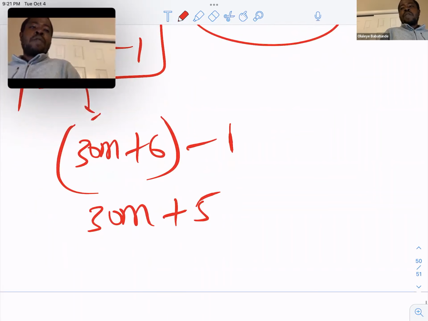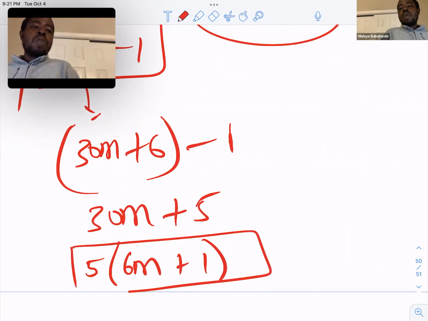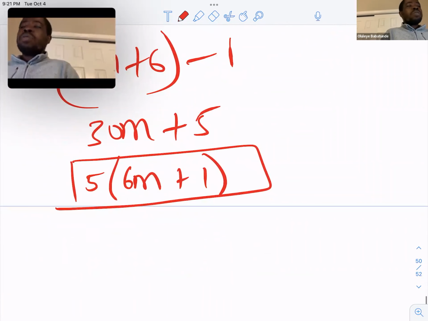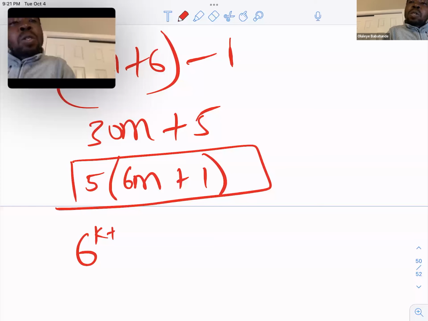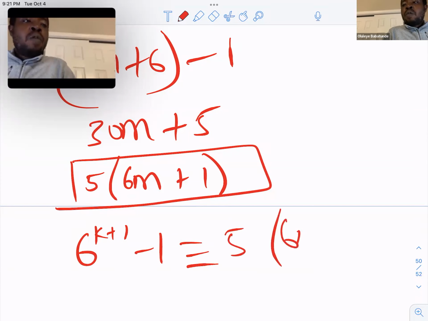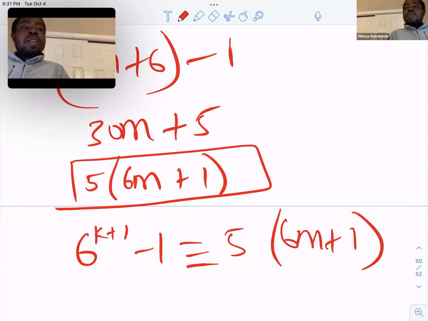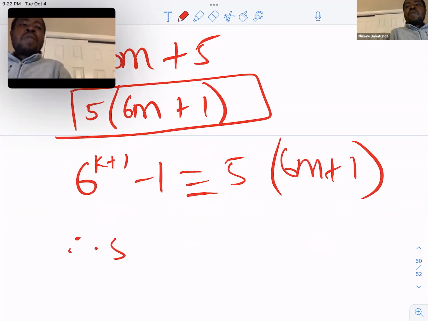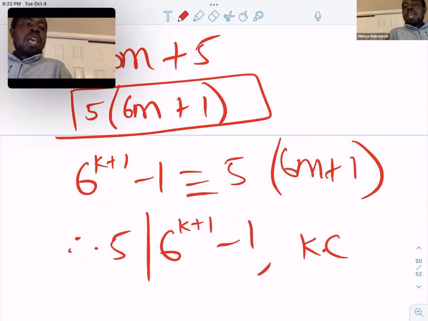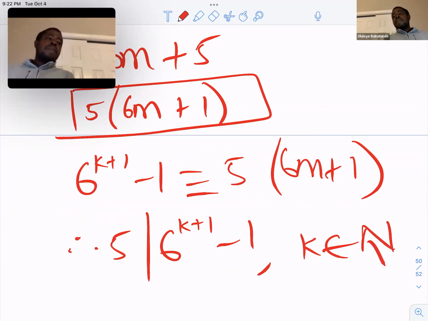And then we can factorize and bring 5 out. 5 into 6m plus 1. Now, this is a multiple of 5. I have been able to express 6 raised to the power k plus 1 minus 1 as a multiple of 5. Therefore, 5 will always divide any expression of this form, given that k is a natural number.